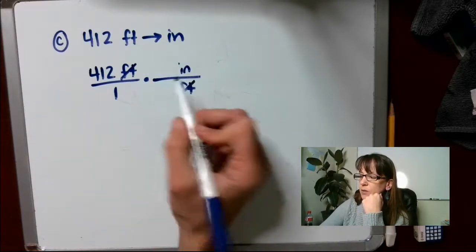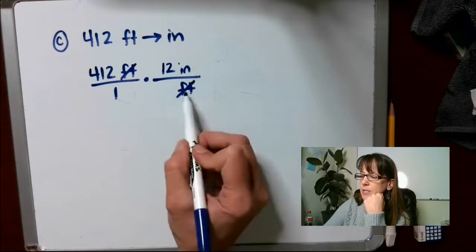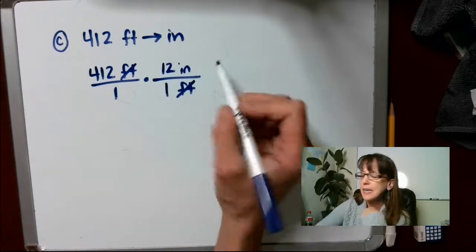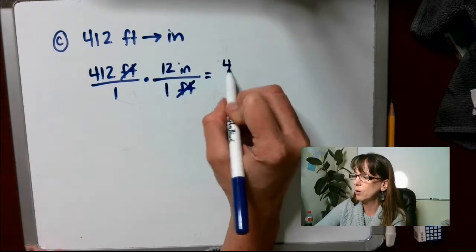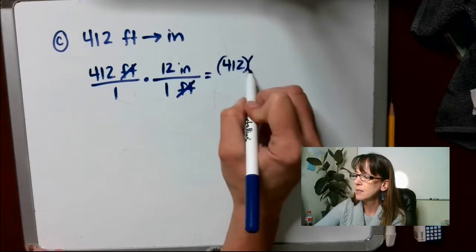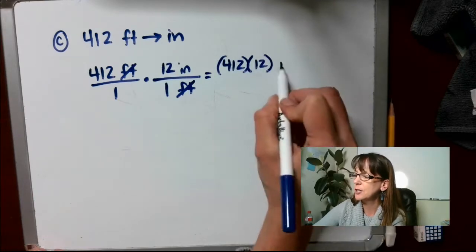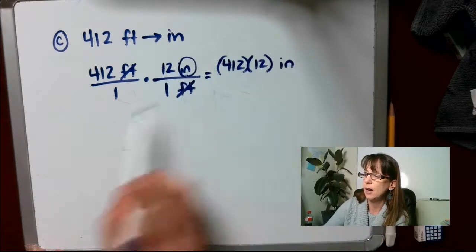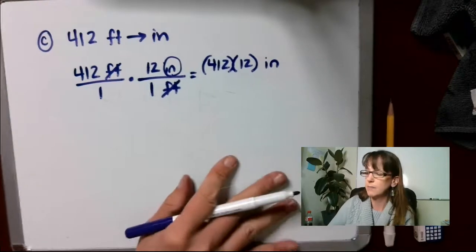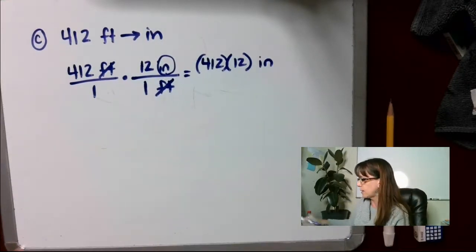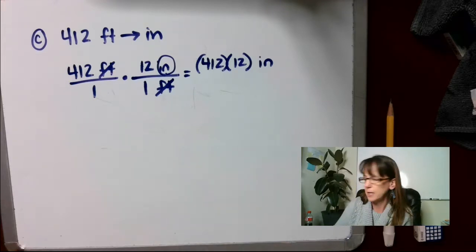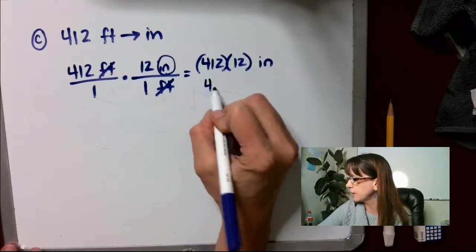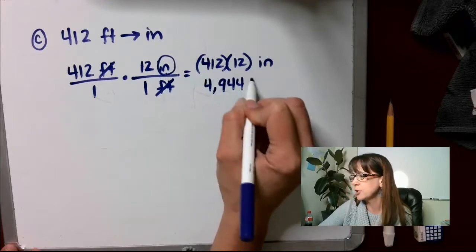Cancel these guys out. We have 12 inches in 1 foot. On the top, we have 412 times 12, right? Inches is the remaining unit. Downstairs, we just have 1, so we're good. And then you can use a calculator to do that. I probably should have done that for B, I'm sorry, but you saw the answers at the beginning. So if I use a calculator, it's 4,944 inches.